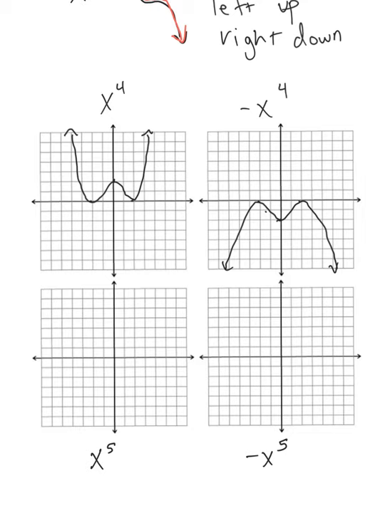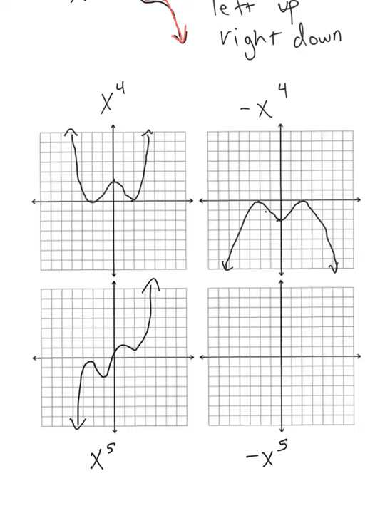So trying to draw x to the fifth, our positive, remember we want it to have a positive slope, so it's going to go up all the way, but it would have 4 humps in between, so kind of like 1, 2, 3, 4, like that.